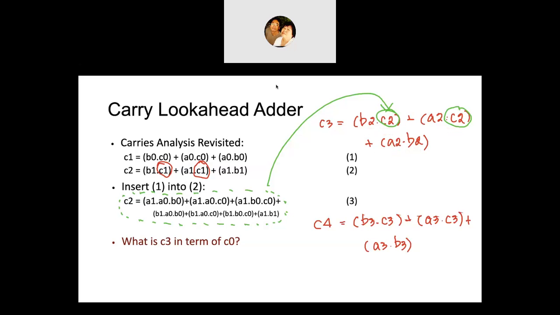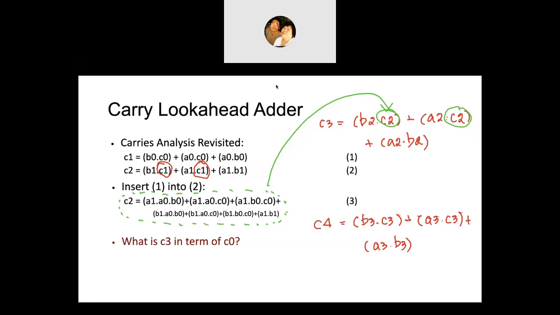So we can insert the third equation here into C3. Instead of having C2 here, we have the whole thing, all the terms. We put it there and there. So your equation for C3 should be a very big one. Should be very long.